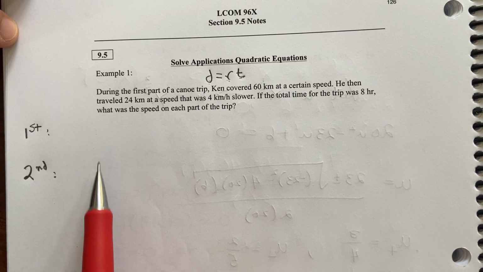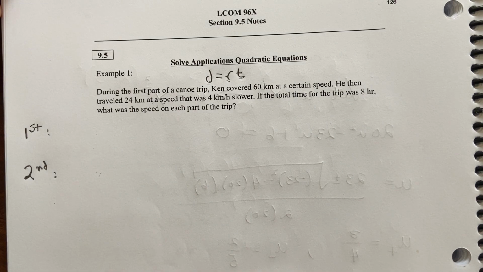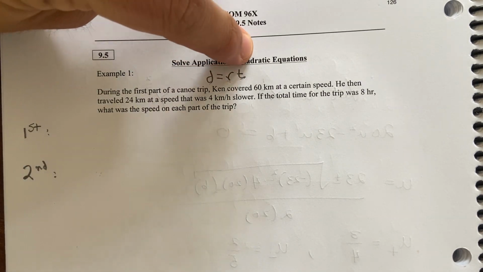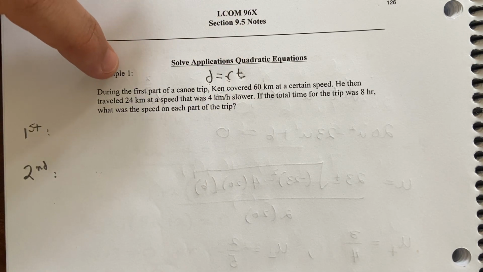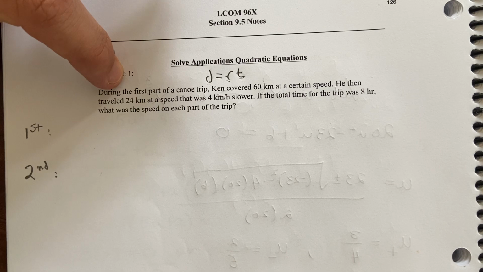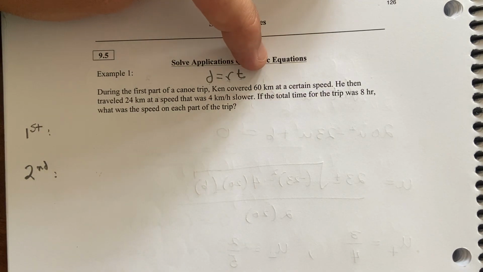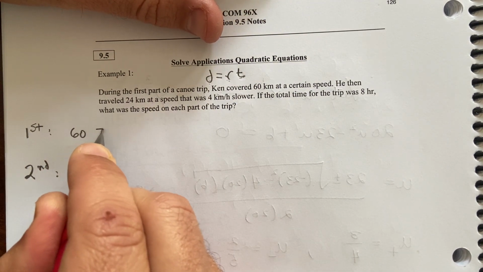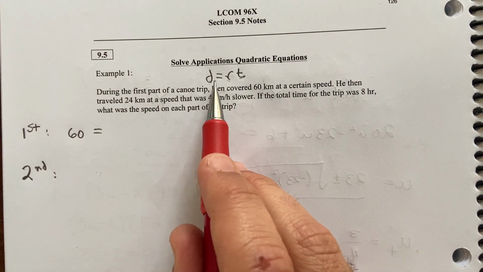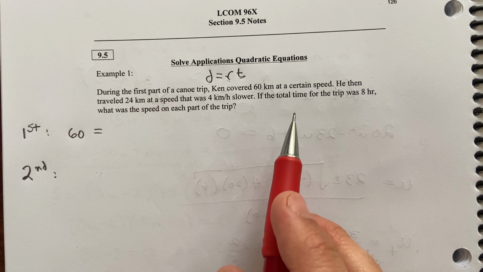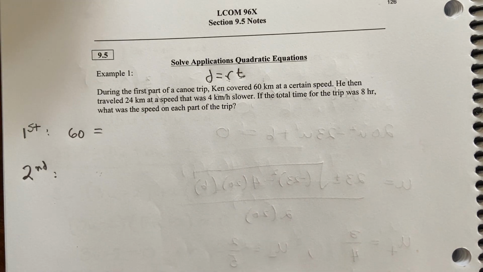So in these two pieces of this story, this d equals r times t is going to be important for us. So again, it said during the first part of the canoe trip, Ken covered 60 kilometers. So I know the distance for that first part is 60. So I'll say 60 equals, at a certain speed.